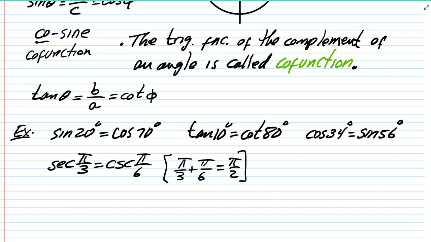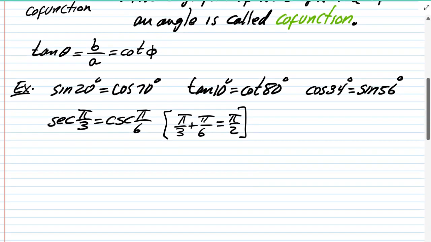Now, that's pretty much all there is in this section. Let's take a look at some examples here. Let's say I want to find, let's do something that we've done with cofunctions, the exact value of this expression without a calculator.